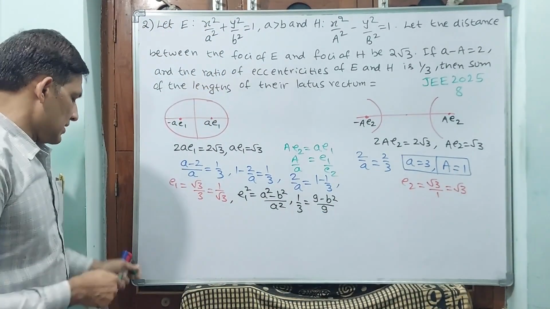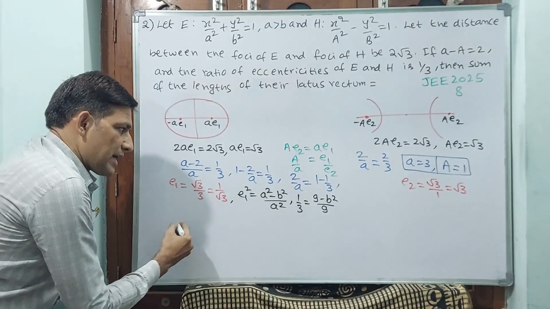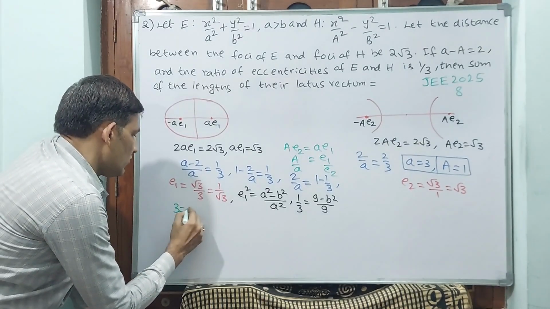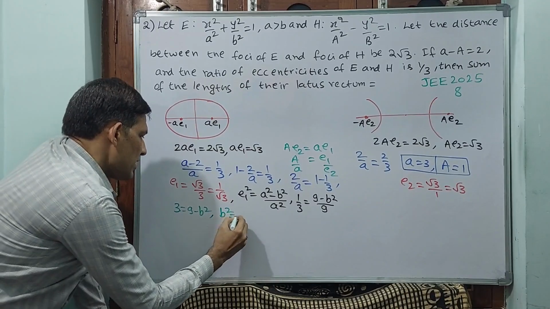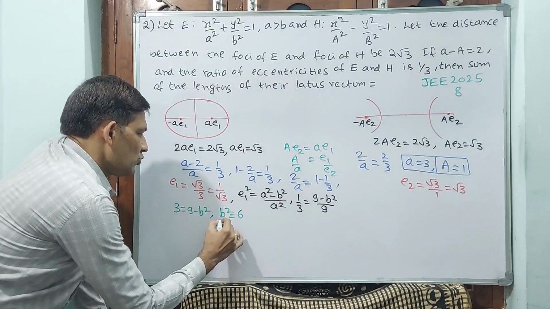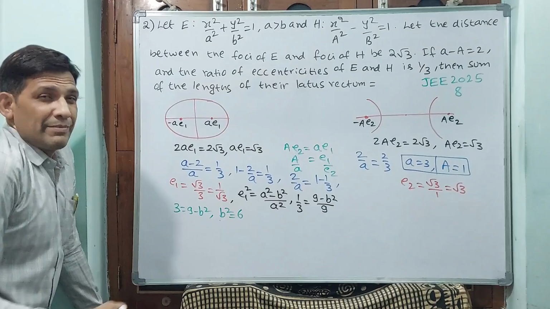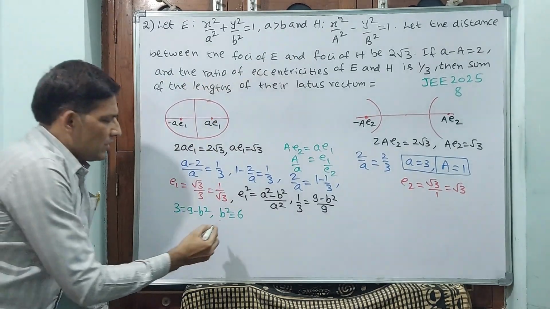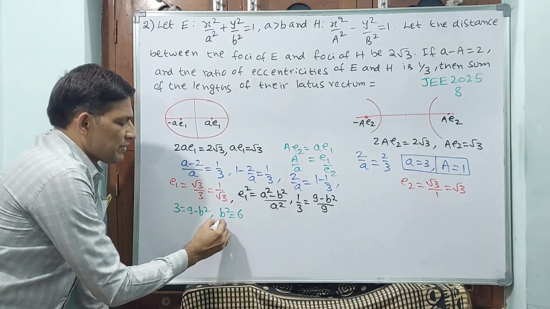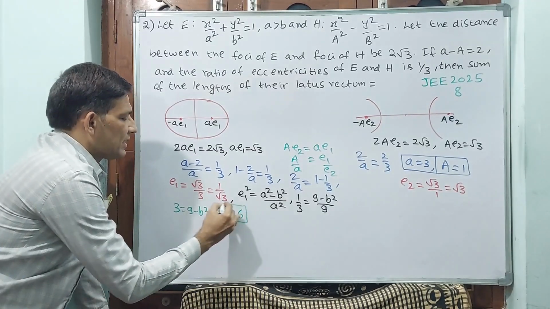Now 9 comes this side, 9 by 3 is 3. So 3 is equal to 9 minus b square, or else b square is equal to 9 minus 3, 6. You require 2b square by a, because on the x-axis only it is there for both. That is 2b square by a. Don't find b, you require b square. That's all.